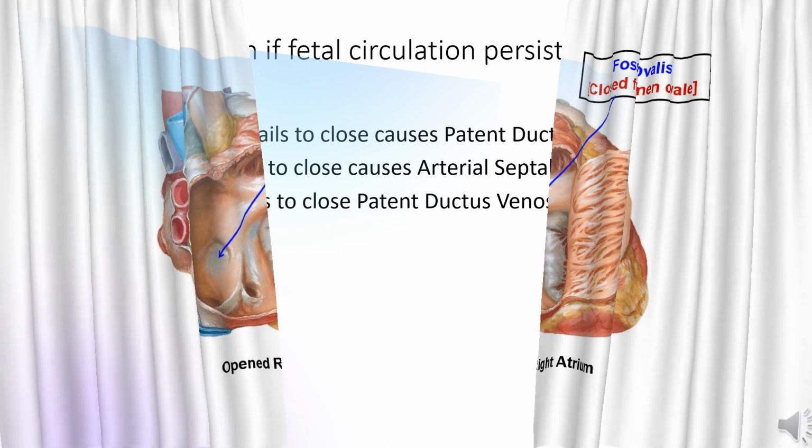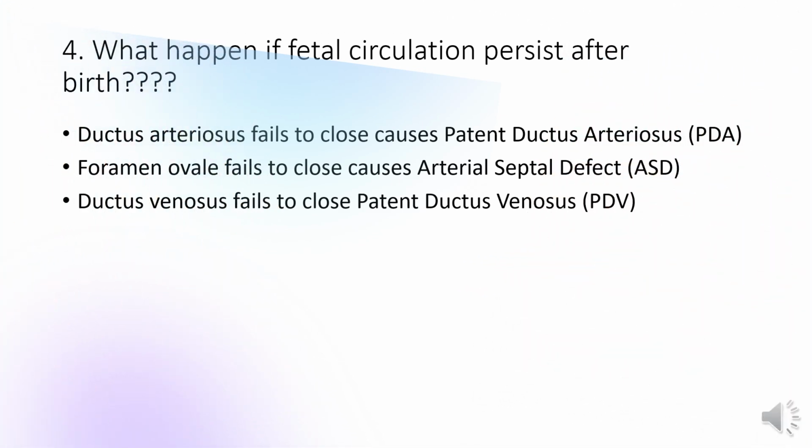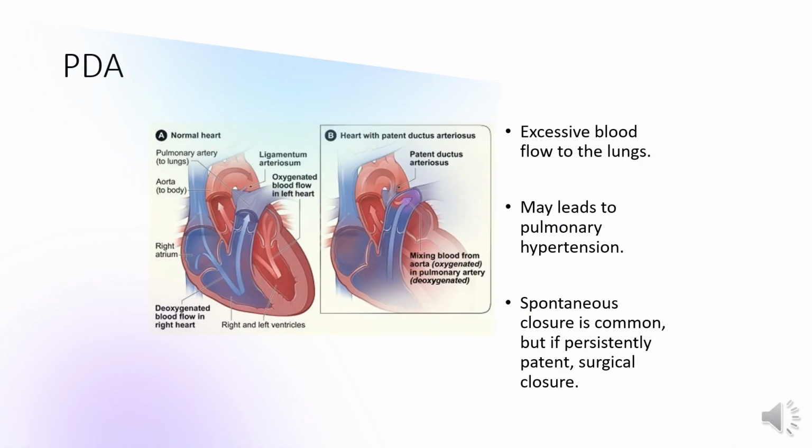Okay, what happens if fetal shunting persists after birth? If the ductus arteriosus fails to close, it causes patent ductus arteriosus. If the foramen ovale fails to close, it causes atrial septal defects. If the ductus venosus fails to close, it will cause patent ductus venosus. Okay, what is PDA?